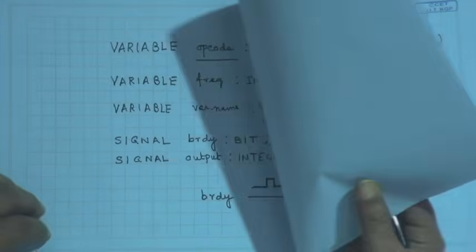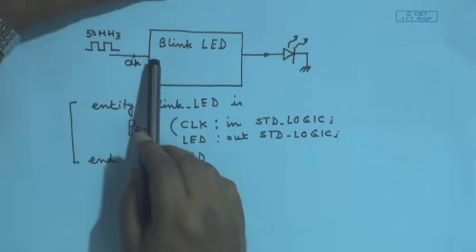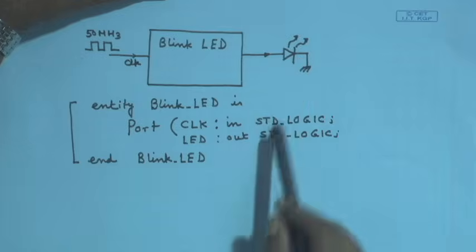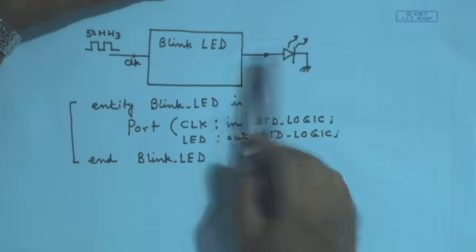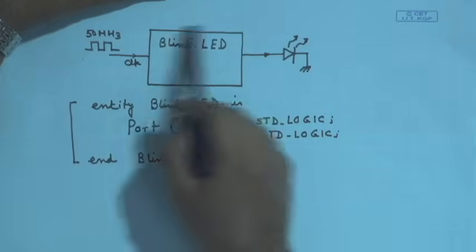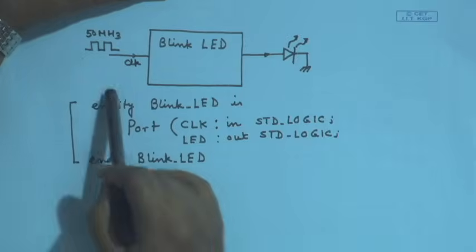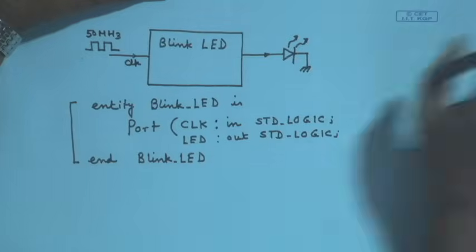So, here I have said that in is the mode and standard logic is the data type. Similarly, LED is the LED port, it is out, and the type is standard logic. So, with this, end blink_LED. My entity declaration, entity description is complete.